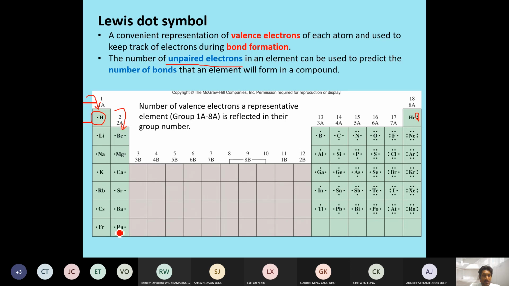All of them have two electrons at the outermost shell. It goes in the same way for aluminium, silicon, phosphorus, argon. So this is how we will be representing all the elements all through the periodic table, so that it's easier for us to understand what type of bonding or how many bonds they will form. For example, why I'm saying how many bonds they will form.